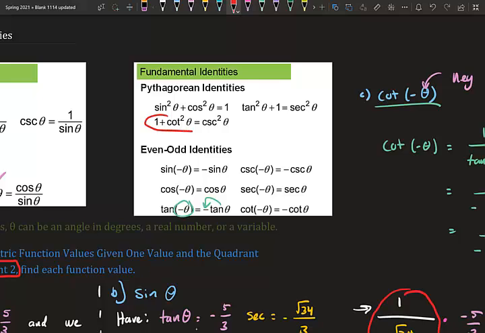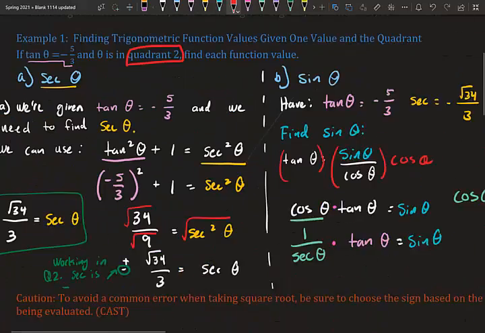This does not have cosine and tangent, so that goes away. This doesn't have cosine and tangent, so that goes away. This does have cosine and tangent. That does. So because this is the cosine, that's the cosine. And we do have tangent. So we're going to be using tangent squared theta plus 1 equals secant squared theta.